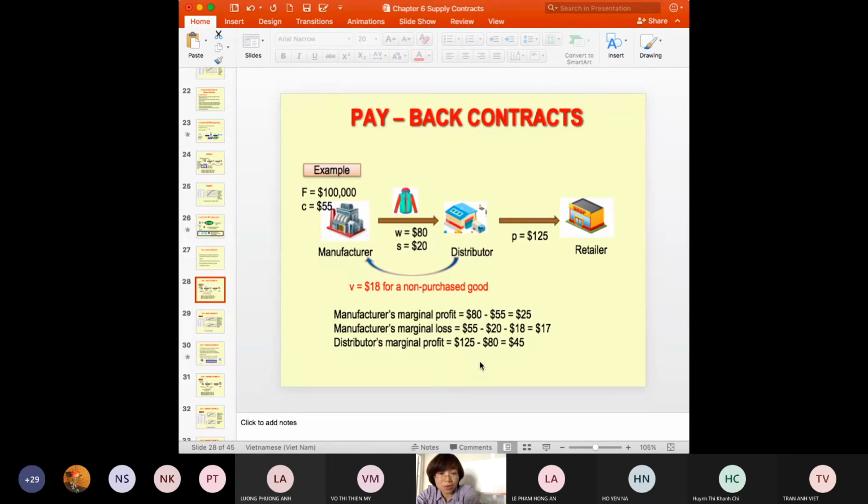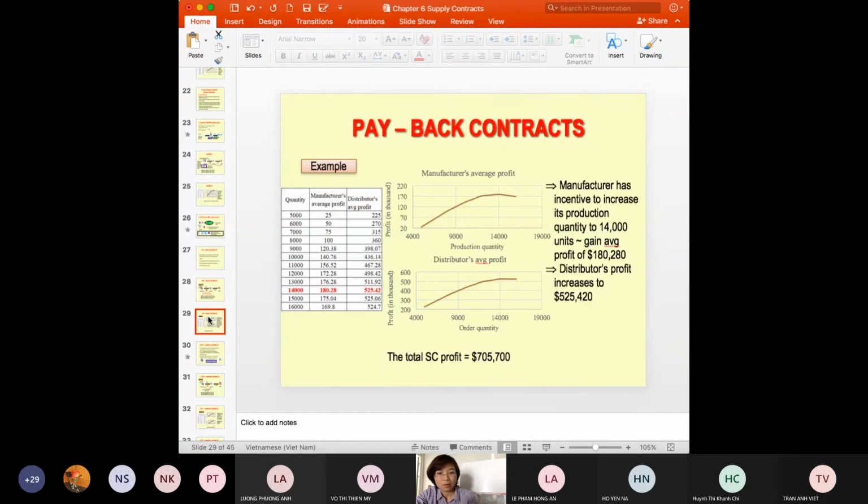And for the distributor, the profit is 45. So the manufacturer has incentives to increase its product quantity to 14,000, you see, and the profit they can get is 180.